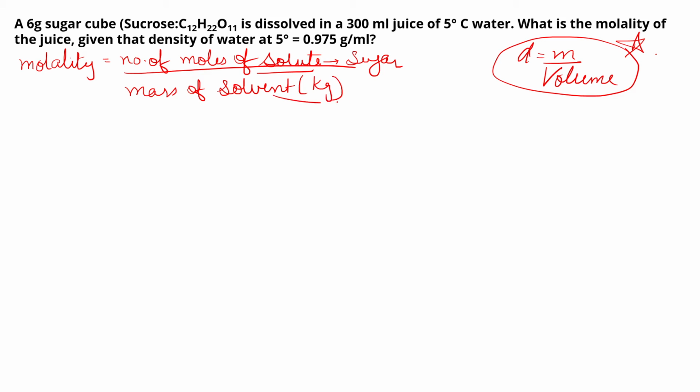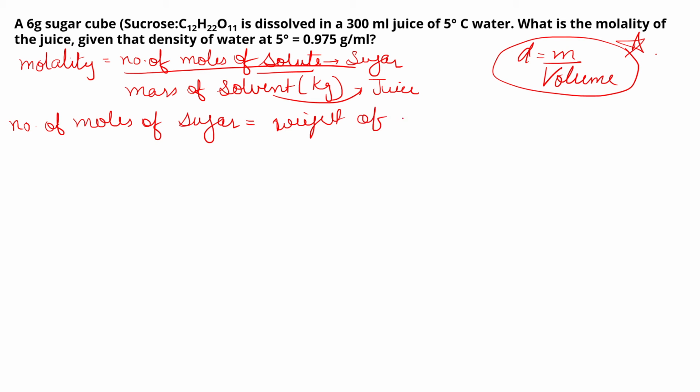What is the solvent over here? It is juice. So first calculate the number of moles of sugar. Number of moles can be defined as weight of sugar given divided by molecular weight.